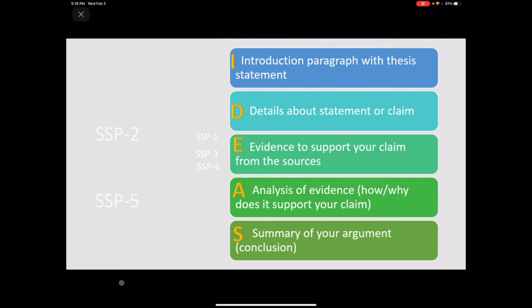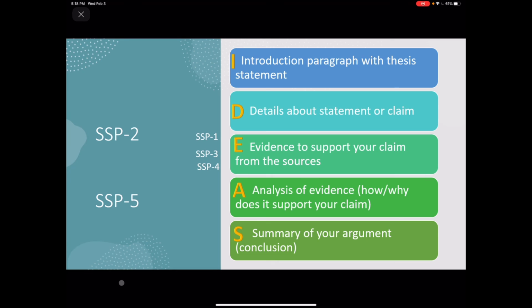All right. Evidence to support your claim from the sources. You're collecting data. You are establishing validity. That's practice number 3. And again, you are constructing and communicating an argument. When you're analyzing your evidence, you are critically examining your sources still, and you are establishing validity across multiple accounts.